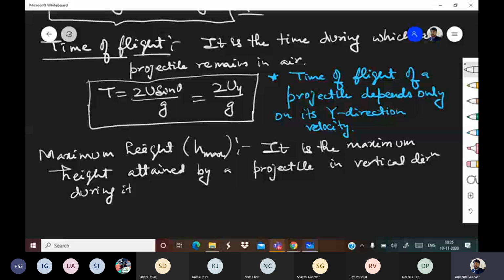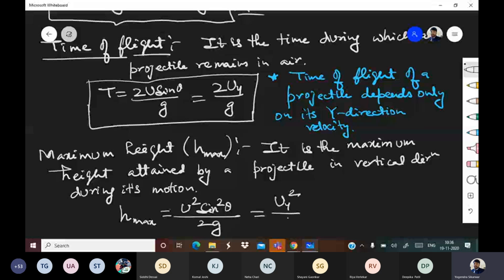Okay. What is the formula for H max? H max is equal to u square sine square theta upon 2g, which is also equal to uy square upon 2g.